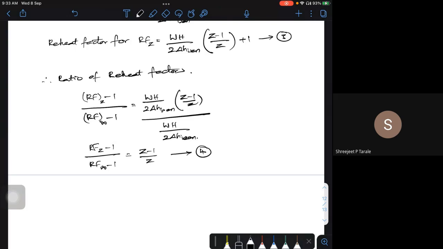So this correction factor clearly relates us to the actual expansion process, which is evident from your thermodynamic concepts. Is that clear? Fine.